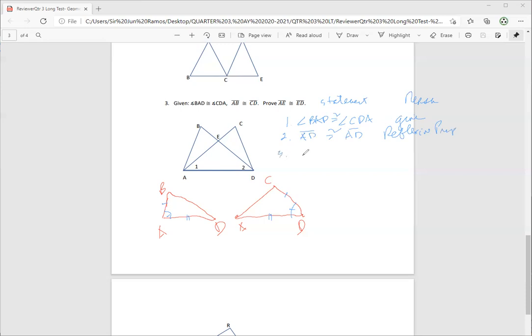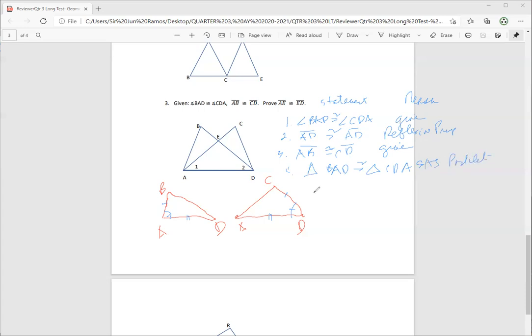Number three, we are given also that AB is congruent to CD. This is given. With all these, we can now say the triangle BAD is congruent to triangle CDA by side angle side postulate.